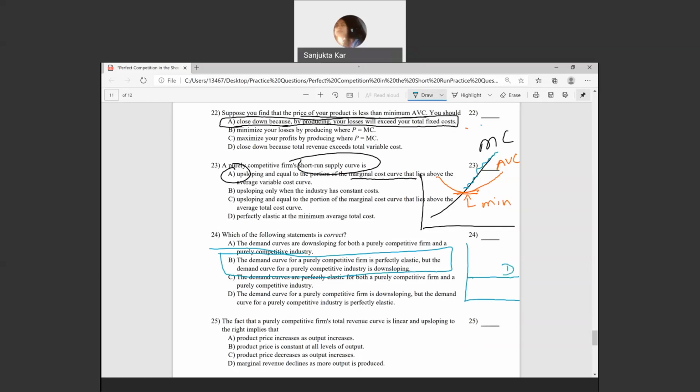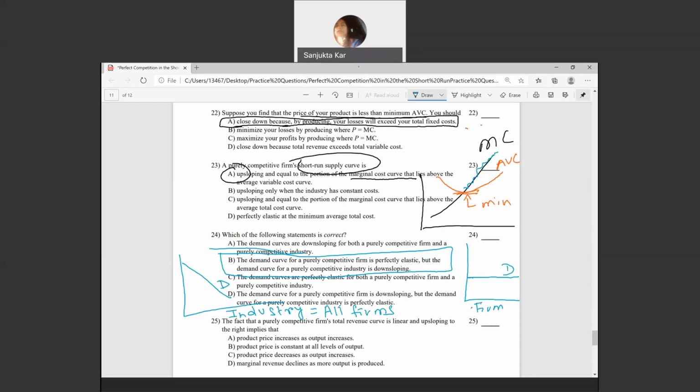But the demand curve for an industry is downward sloping. Be very careful with these two distinctions. This is the demand curve for a farm, which is a single seller. This is the demand curve for an industry. An industry is a combination of all farms.